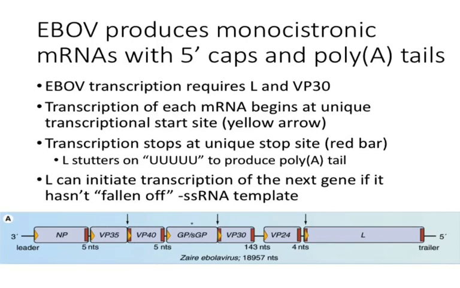Note that in some cases they're overlapping. VP35 and VP40 have an overlapping start and stop signal. I'm not going to have you worry about that, but just note that some of those do exist in here. Okay. Transcription stops at a run of U's. That run of U's produces what?